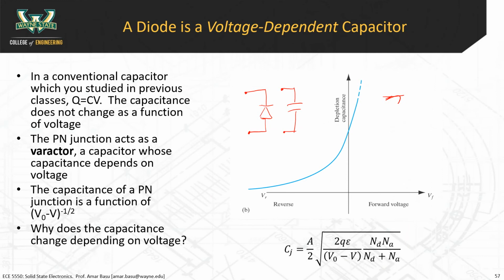All right, and this is the formula for the capacitance. And notice that this capacitance is actually a function of the voltage. So for those of you who've taken circuits classes, this is a typical capacitor element, and that has a fixed capacitance C. When we think about capacitors, we think that the capacitance is fixed.